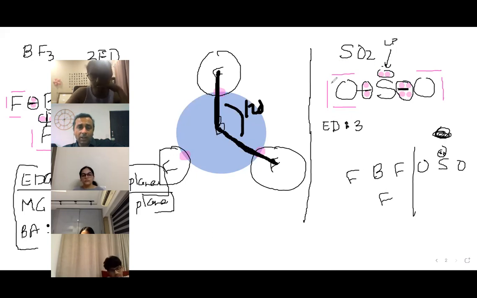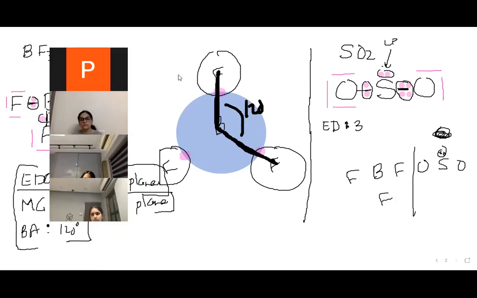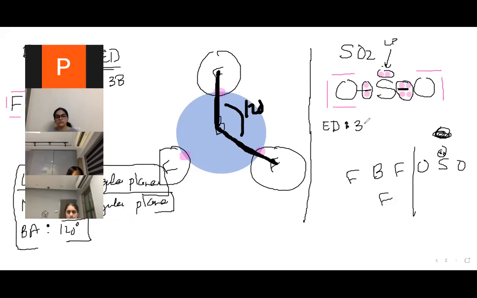Anybody has any problem understanding this? No, sir. So in this case, yes, there are 3 electron domains, but of the 3, only 2 are bonded and 1 is lone.